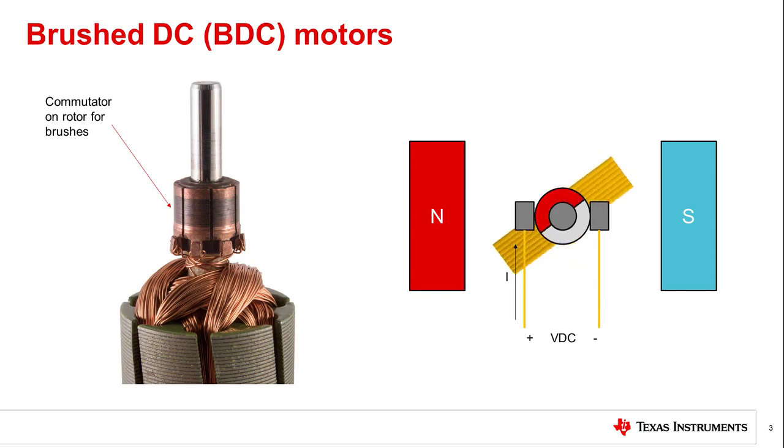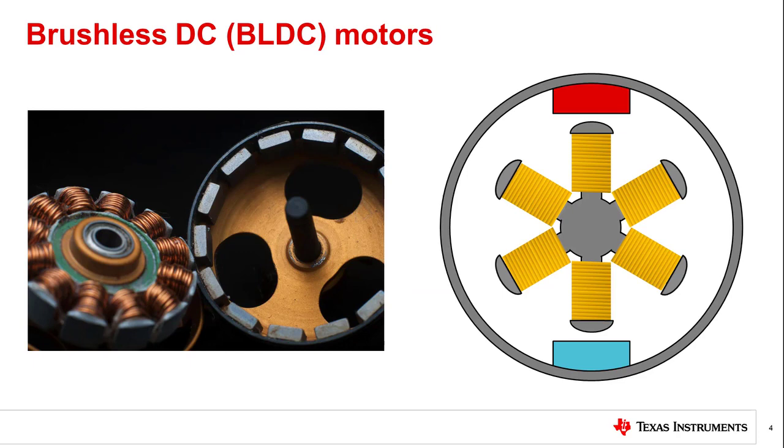As the rotor rotates, the commutator changes the direction the current flows through the windings. When the current changes direction in the winding on the rotor, the polarity of the rotor's magnetic field changes. The commutator ensures the polarity of the magnetic field on the rotor always opposes the magnetic field created by the magnets or windings on the stator. This creates continuous motion in the brushed DC motor.